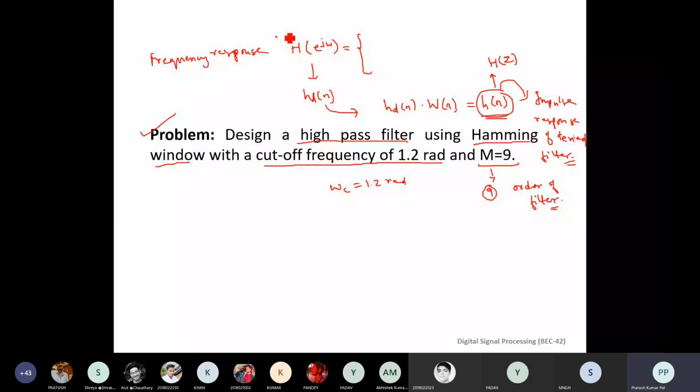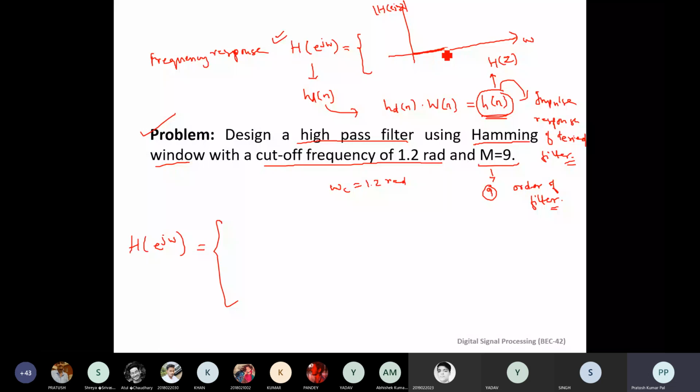The frequency response is given as H of e to the power j omega. First of all, it is a high pass filter, so let us see what the high pass filter magnitude response looks like with respect to frequency. Initially it will be 0.